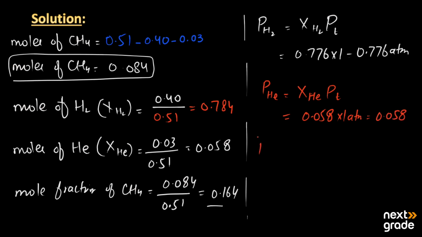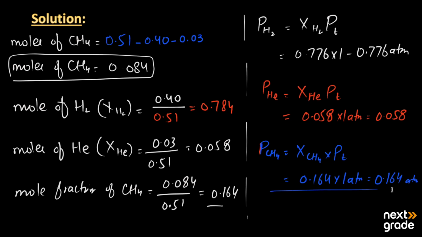And then the partial pressure of methane is equal to the mole fraction of methane multiplied by the total pressure: 0.164 multiplied by 1 atm, which is 0.164 atm. So this is the pressure applied by the different gases.